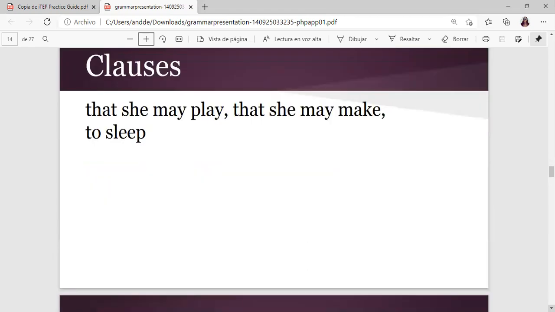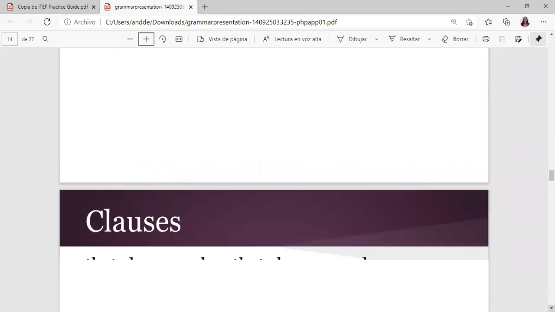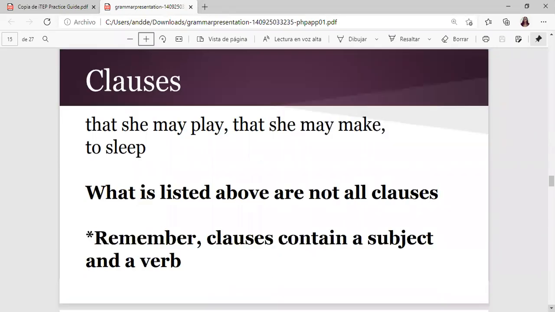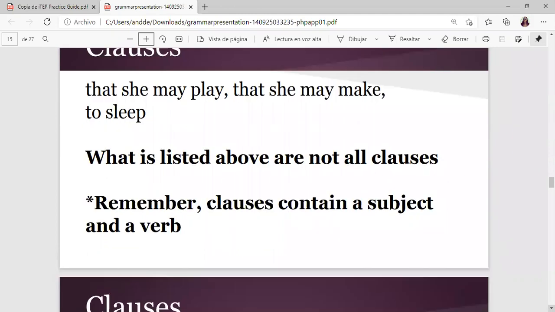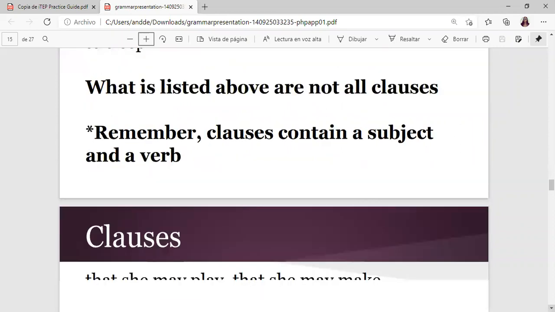That she may play, that she may make, to sleep. This is the example. What is listed in this sentence is not a clause, because remember that clauses contain a subject and a verb, and here we have that she may play, that she may make, to sleep, and it is an incomplete thought. It doesn't have the correct order.